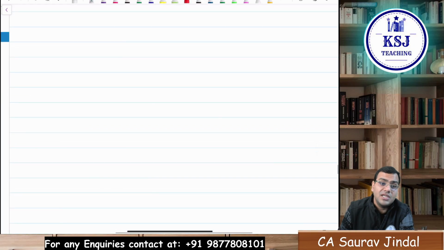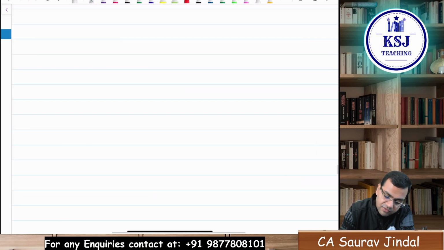Now income statement will start from where? Income statement will start from EBIT. So the first thing we have to calculate is what will be your EBIT, and what is given regarding EBIT? They say EBIT is 12% of capital employed.